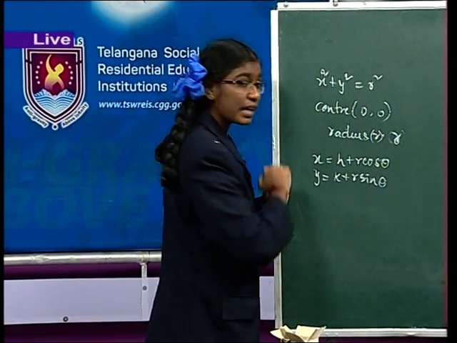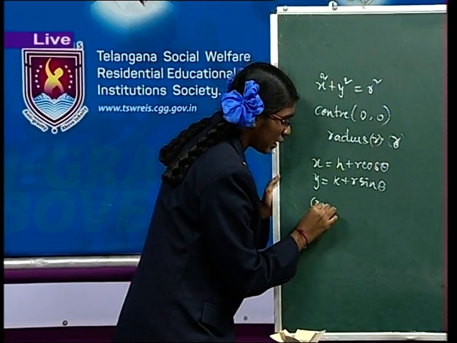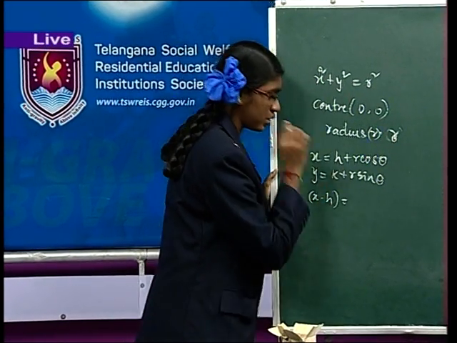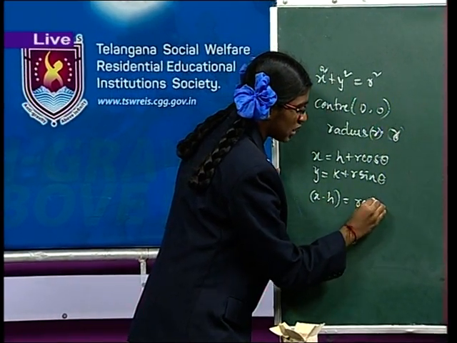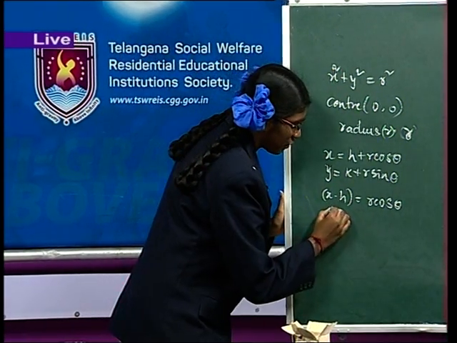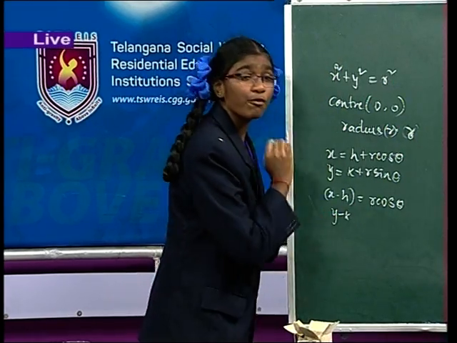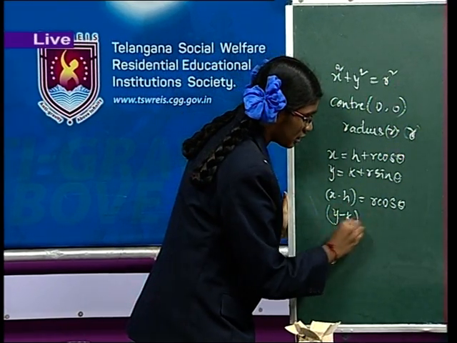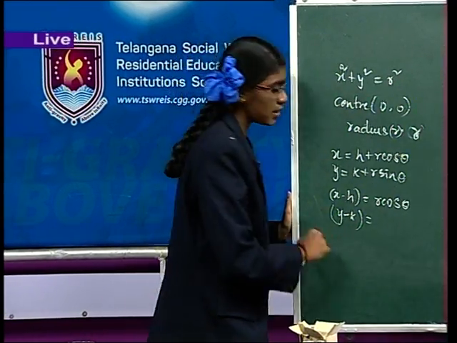If we take h to the left-hand side, what will happen? x minus h is equal to r cos theta. Is it clear, friends? Yes. y minus k is equal to r sin theta.